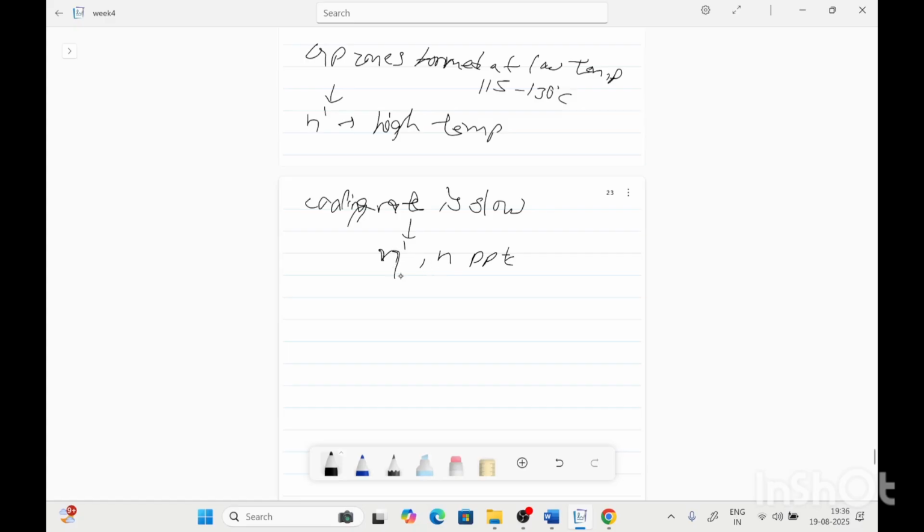So we have to apply high cooling rates. High cooling rate and the aging in 2 steps.